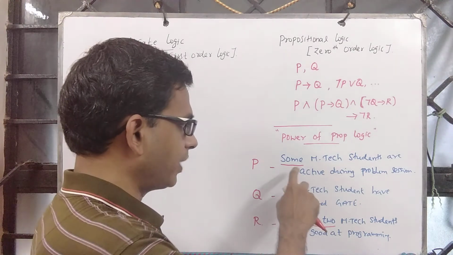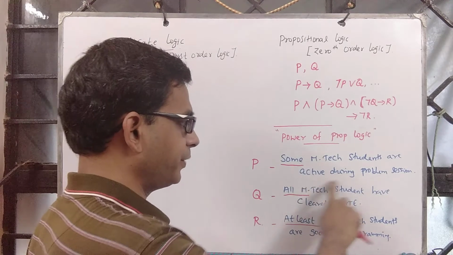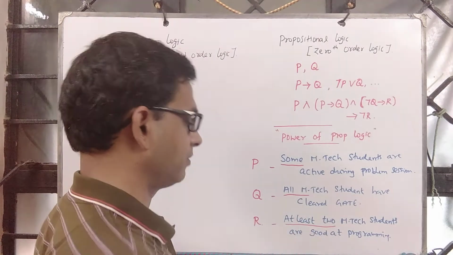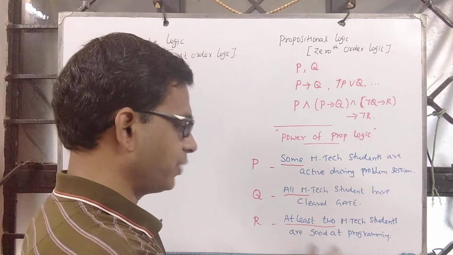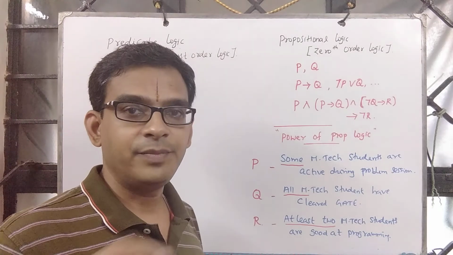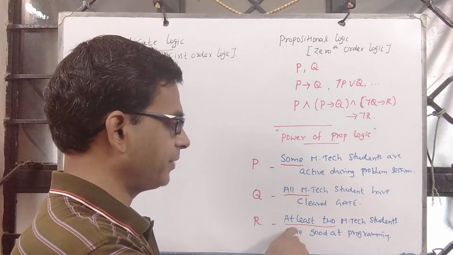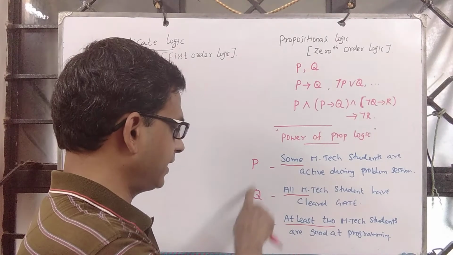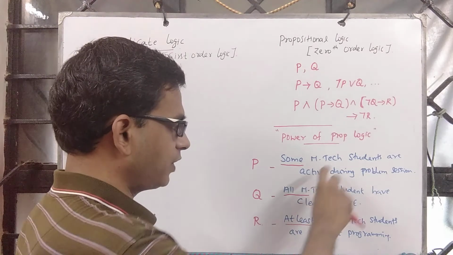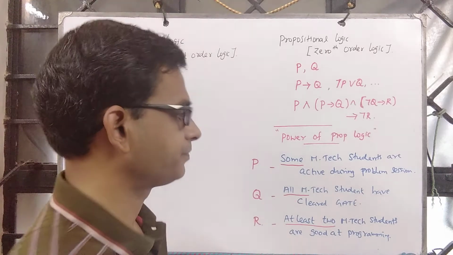It is trying to quantify how many students are active during a problem session, how many students have cleared GATE, and how many students are good at programming. So in some sense, the number of participants is conveyed as part of the statement, but that is not being taken care of when we transform English or natural language to math notation.